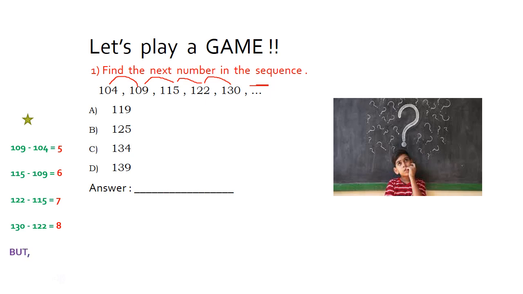But to get the next number, after 8, what do we get? 9. That means add 9 to its previous number, we get the next number. Therefore 130 plus 9 equals 139. Therefore the result is option D, 139.